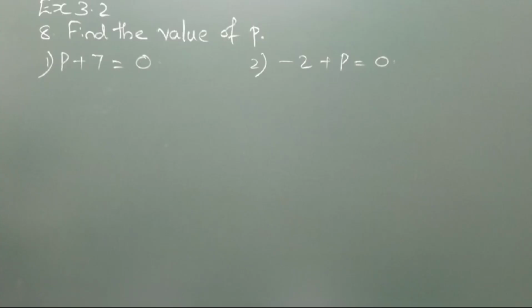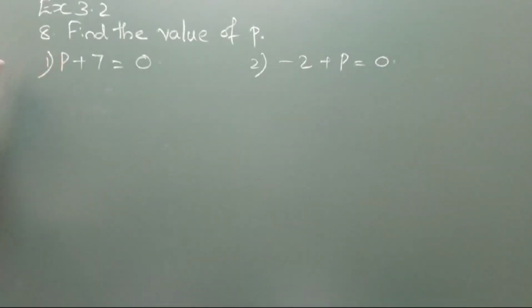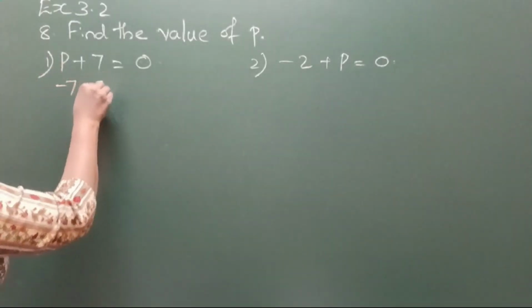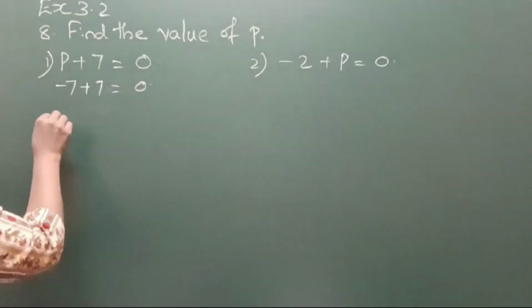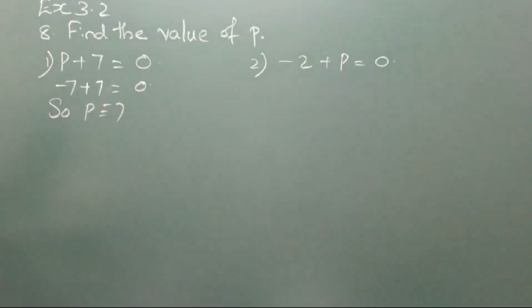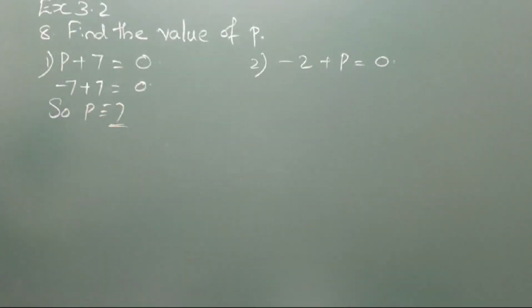So here, P plus 7 is equal to 0. 7's opposite is minus 7. So minus 7 plus 7 is equal to 0. So P is equal to minus 7. P's value is minus 7.